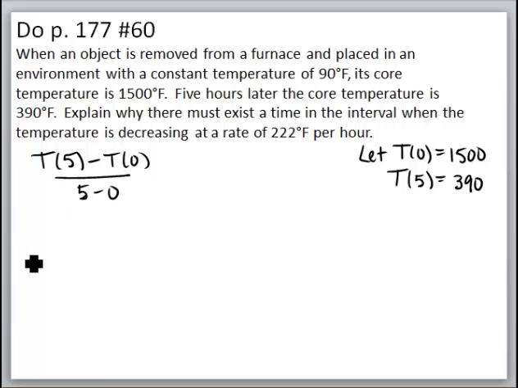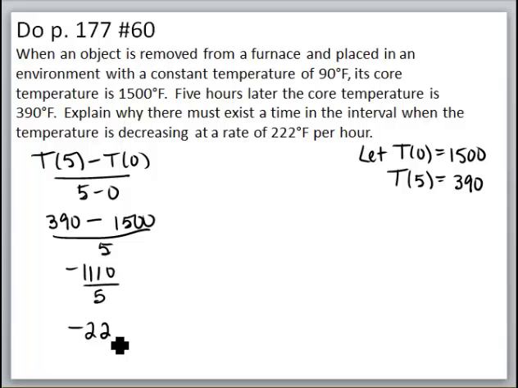T of 5 is 390, the temperature after 5 hours, and T of 0 is the temperature it started out being, 1500, all over 5. Now 390 minus 1500 is negative 1110. And that divided by 5 happens to be negative 222.